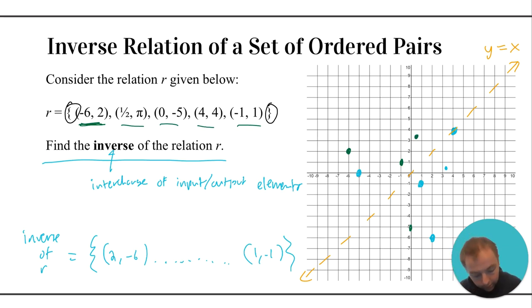You can see that, for example, this point right here maps perpendicularly across that line of symmetry, the same distance, to this corresponding point over here. And that holds true for all of the other points. Of course, the point that's right on the line of symmetry stays right there, right?